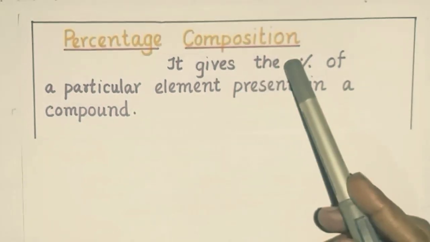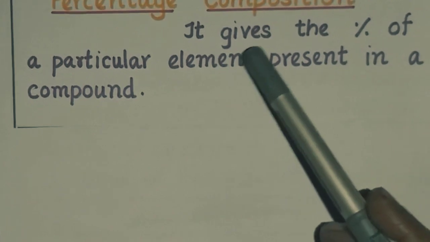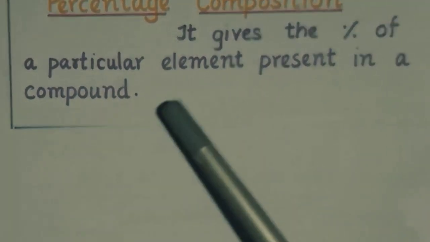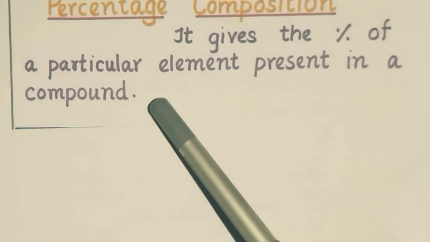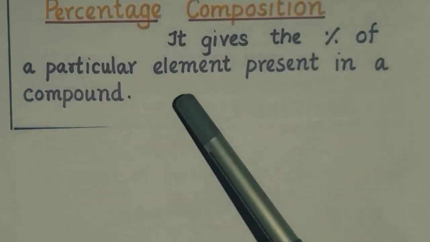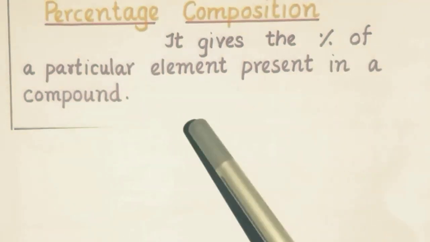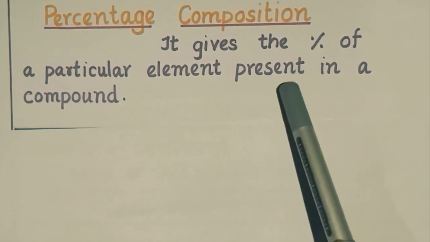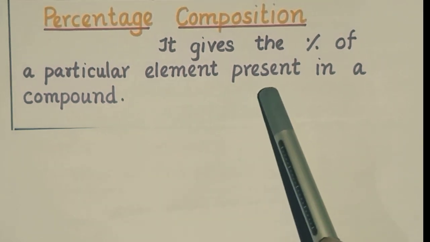Percentage composition. It gives the percentage of a particular element present in a compound. That means, for example, in water, the elements present are hydrogen and oxygen. Then, how much of this hydrogen and oxygen is present in the water molecule.